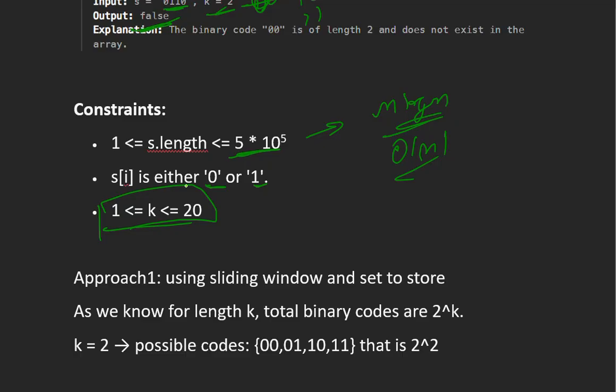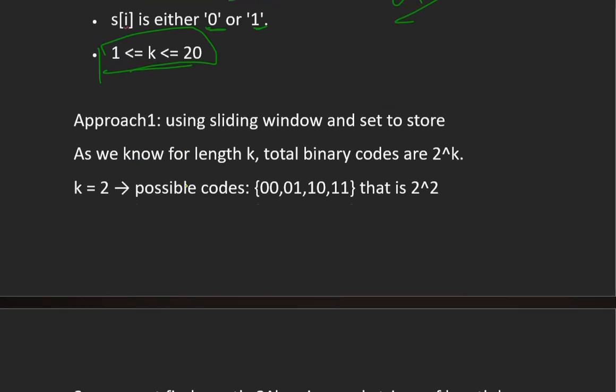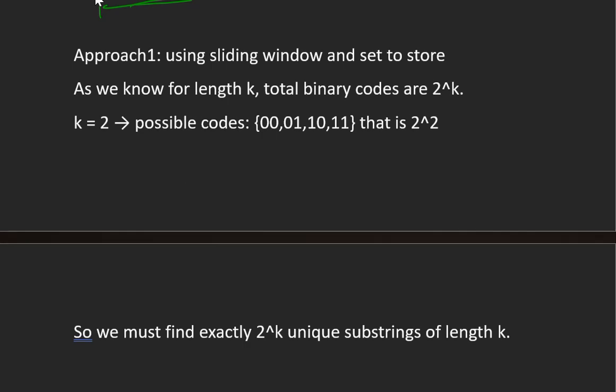So the first approach that hit my mind was we can use a sliding window to find all the substrings, and then we store all the substrings in a set, because a set stores only unique values. So even if a substring repeats, the set will store it only one time.